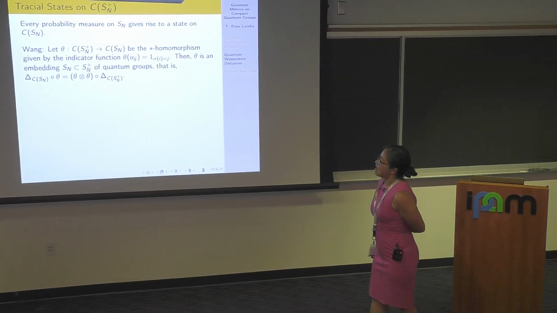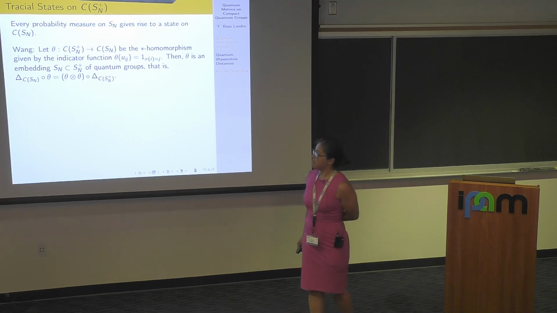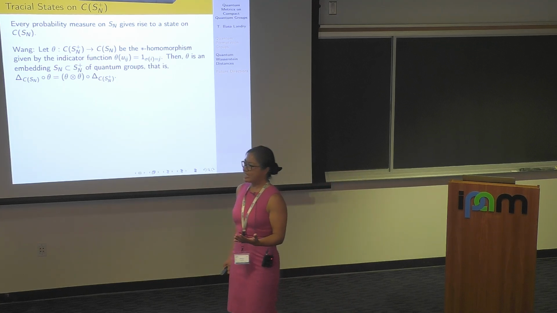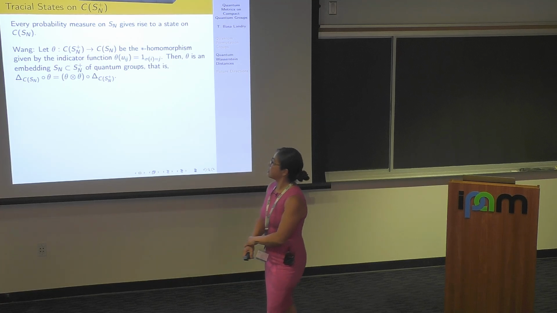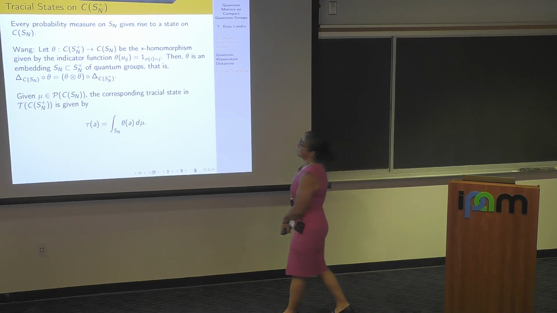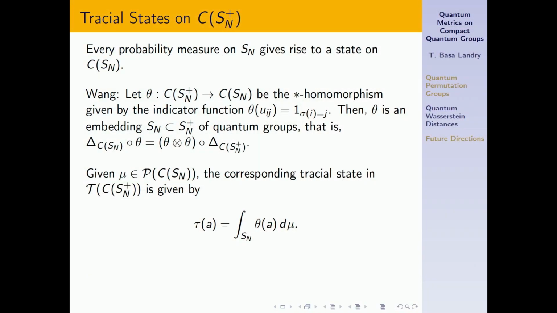And in Wang's seminal work, he gave a star homomorphism that allows you to quotient out the quantum permutations, so that every tracial state in the classical setting gives rise to a tracial state on the quantum permutation group.